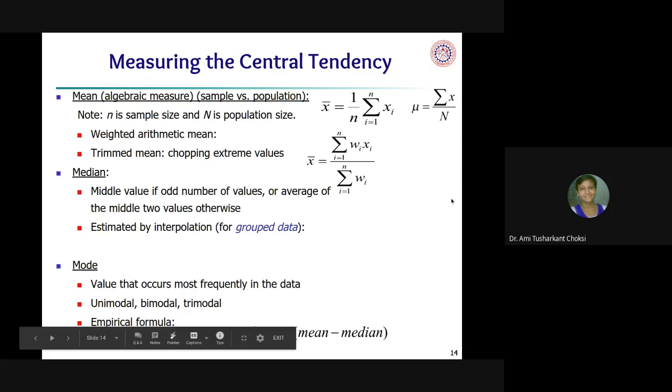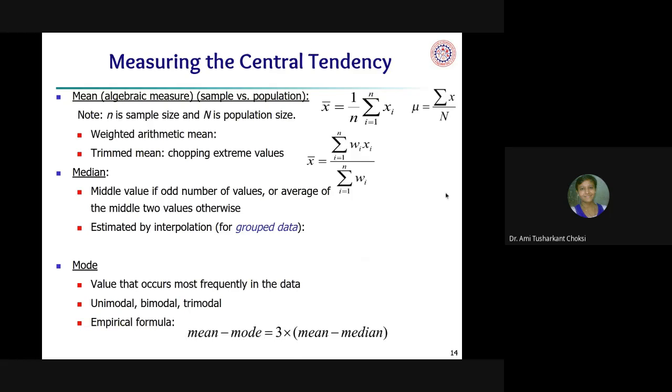So, how to find the mean? It is sigma xi upon n, right? X bar is equal to sigma xi upon n, or otherwise we can say mu is equal to sigma x upon n. Fine. If it is a weighted arithmetic mean, then x bar is equal to sigma wi xi upon sigma wi, right?